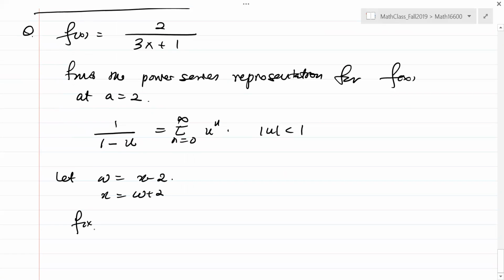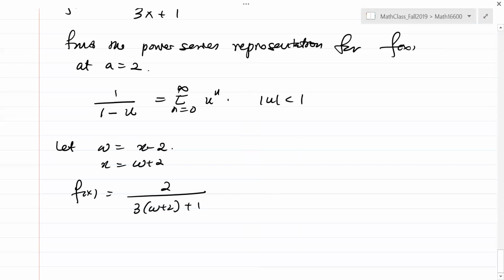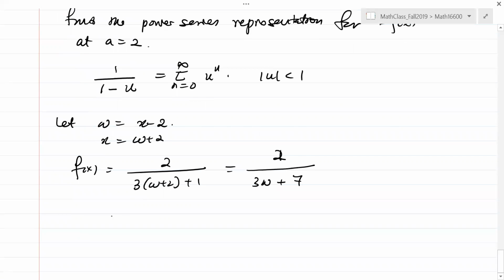Then the function is going to be 3 times (w plus 2) plus 1. So after simplifying, I got 3w plus 6 plus 1, which is 7. But this does not look like what I got, 1, right? It's okay. I take 7 out. So what I got is 3w over 7. That's very close to that.